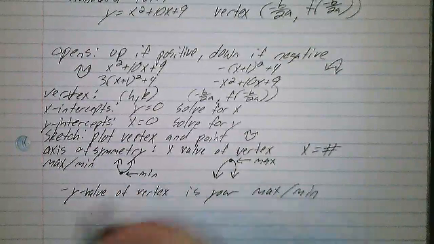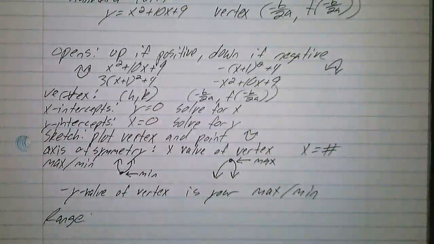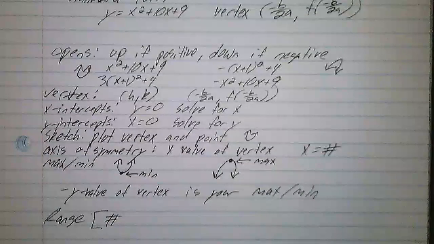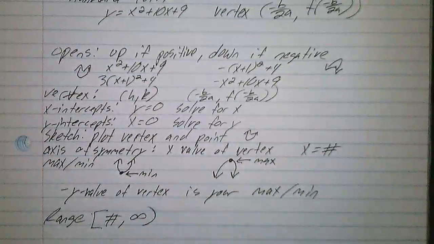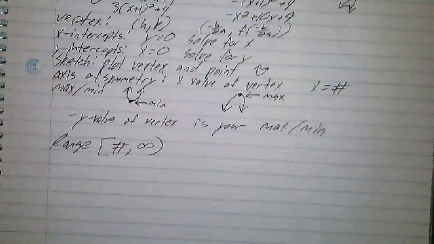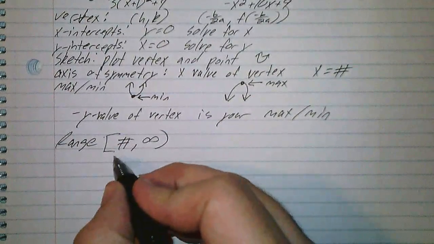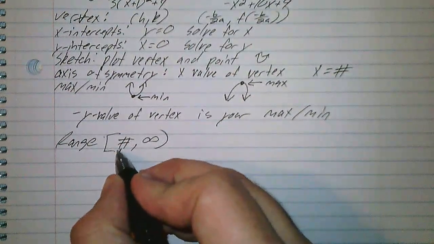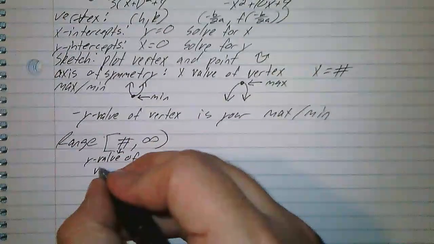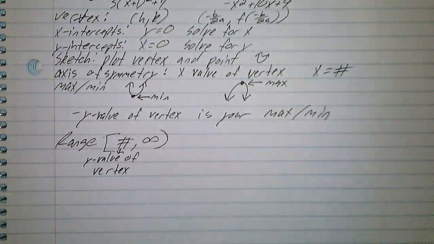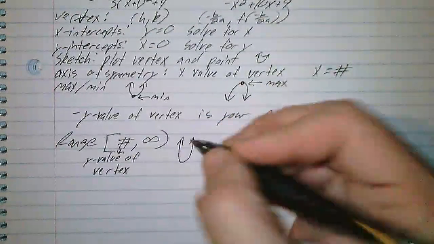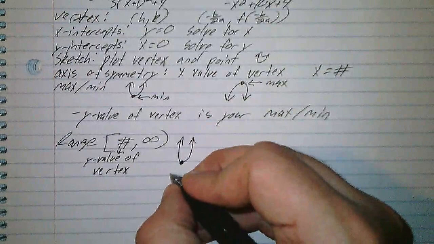If we have a minimum, let's talk about the range. If we have a minimum, it is that y value going towards infinity. Let me move the camera down. So this right here is the y value of your vertex, and that's if we have a parabola with a minimum.